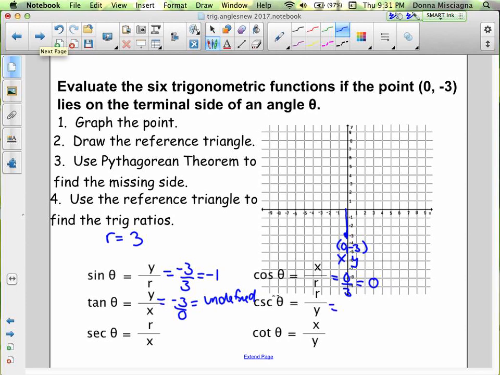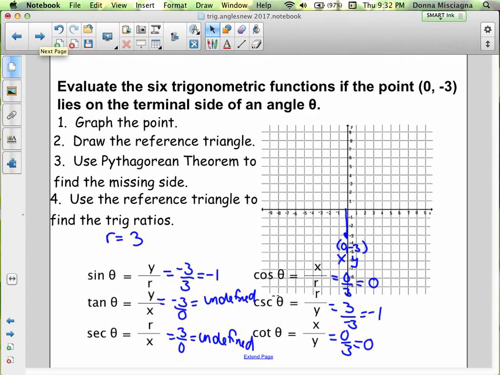That's going to be 3 over negative 3, but either way it's negative 1. And then secant is the reciprocal of cosine. That's going to be 3 over 0. It is undefined. Now you know that the graph of secant has vertical asymptotes, and cotangent is the reciprocal of tangent, 0 over 3 or 0. So now we have 2 that are negative 1, 2 that are 0, and 2 that are undefined.